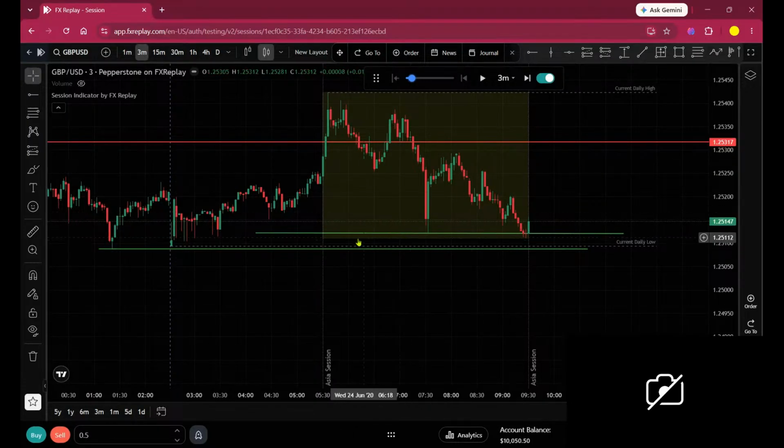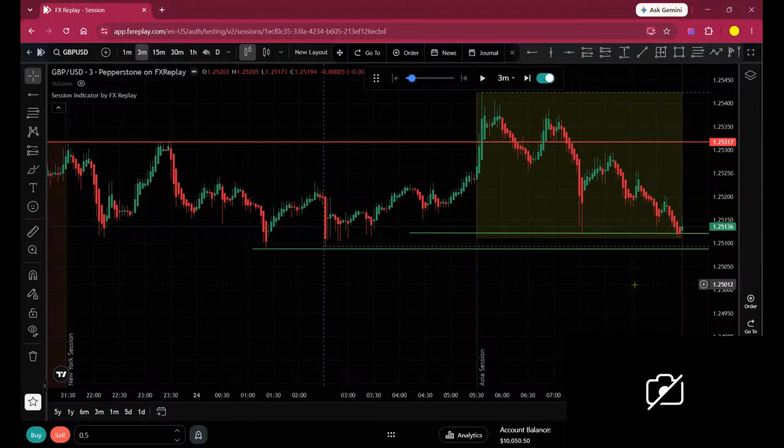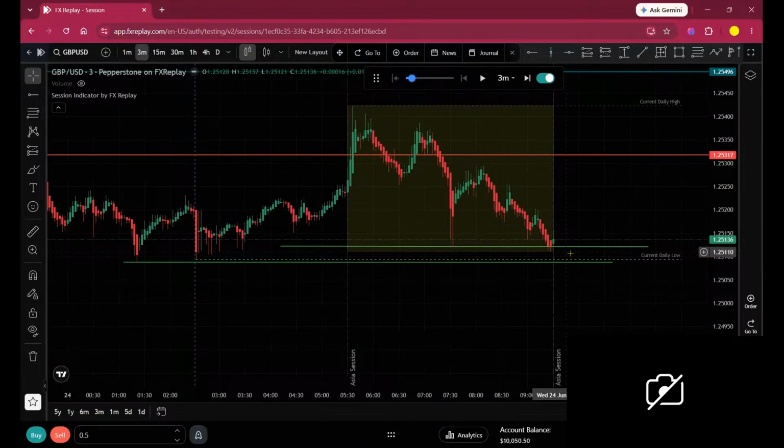So here if you see we do have a liquidity in bottom side and it also swept this one.